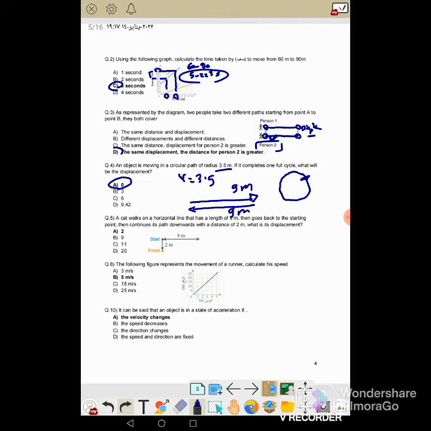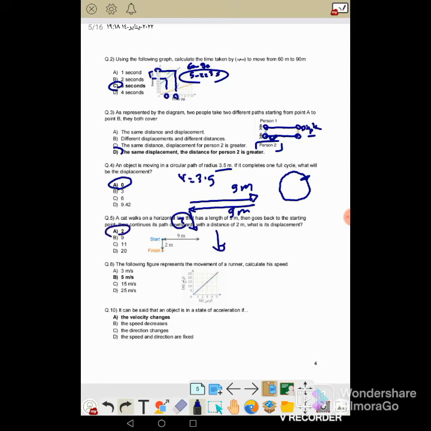So the displacement till now equals 0. Then it continues its path downward with a distance of 2 meters. What is its displacement? It will be 2, direction south.